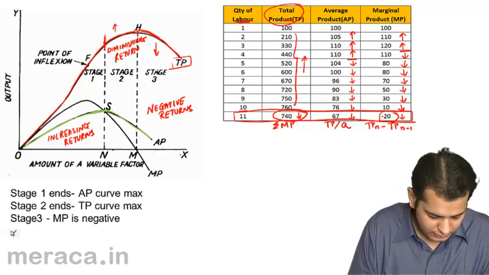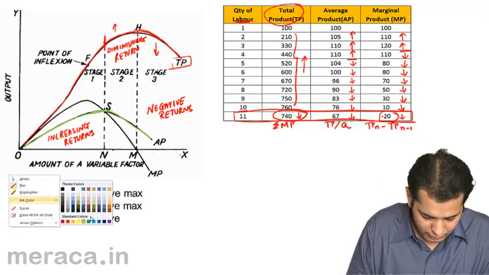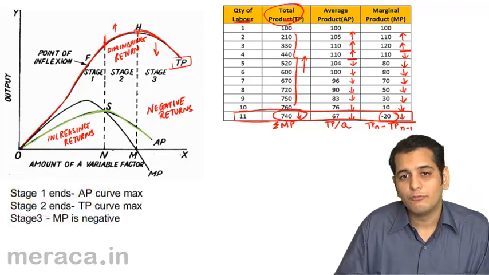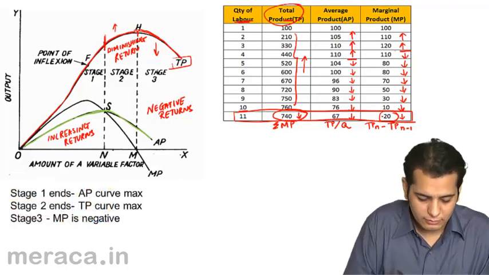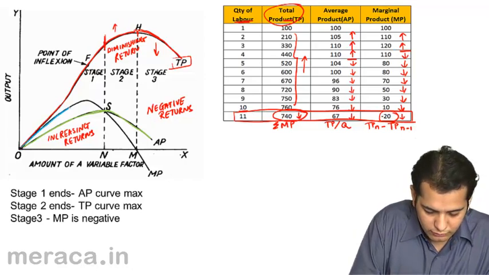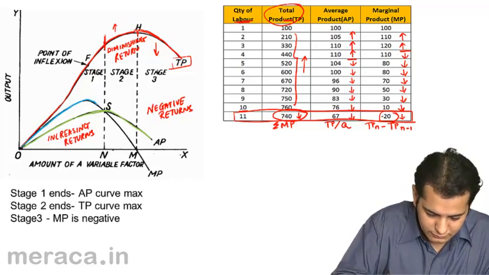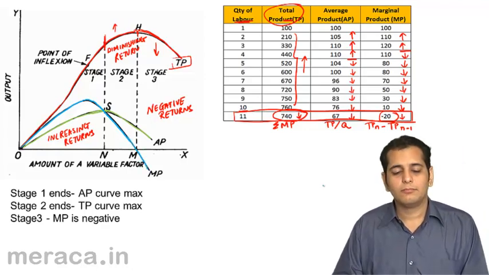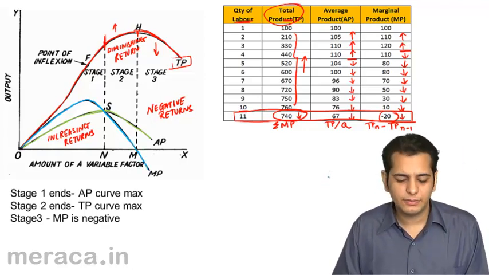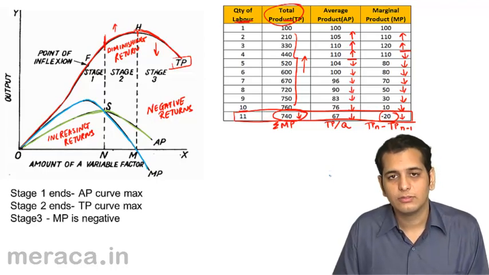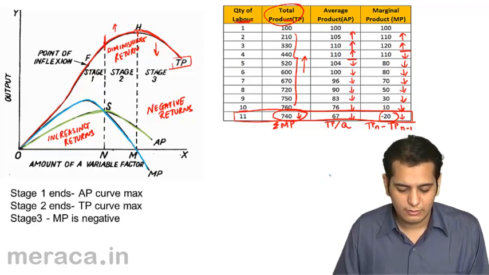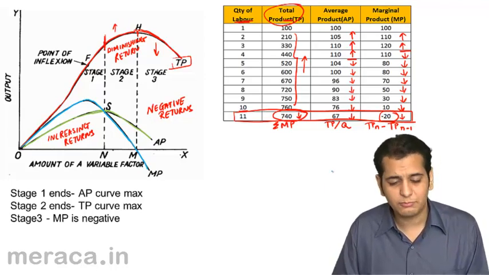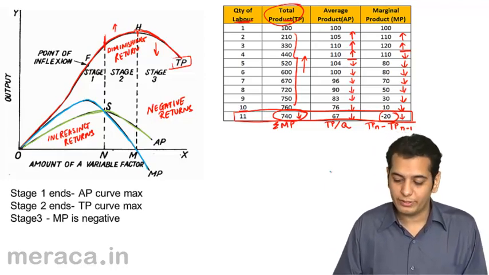And likewise, if we join all the points of marginal product, this is the curve that we'll get. Please note that I have taken the total product curve in red, the average product curve is in green ink, and the marginal product curve is in blue ink.